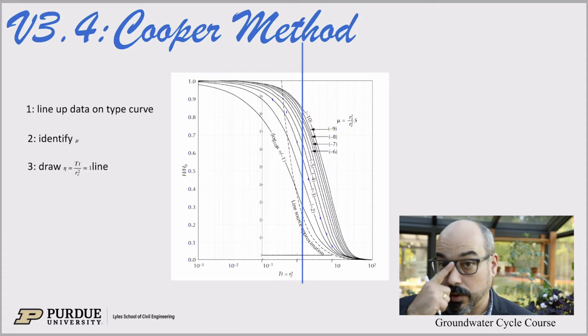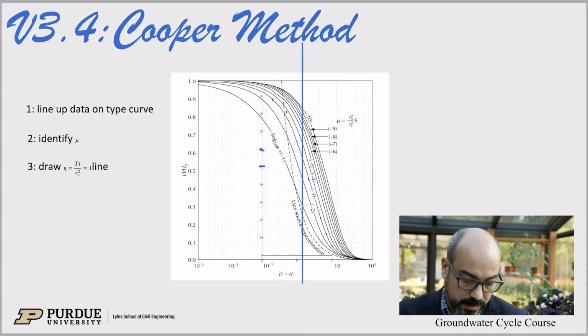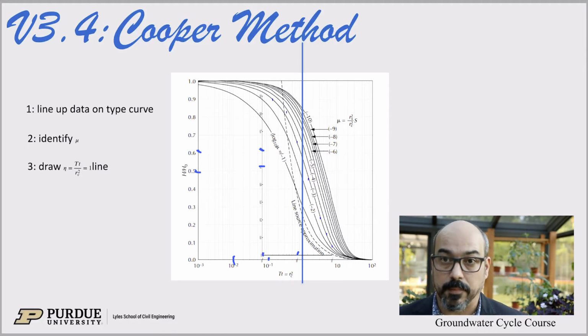So again, when you line up data by hand, what's really important, and oftentimes that gives students a hard time, remember to get those scales proper. So of course you want your x-axis and your y-axis on the type curve and on the data to have the same shape basically, because you're lining up things so your x and y need to be the same.